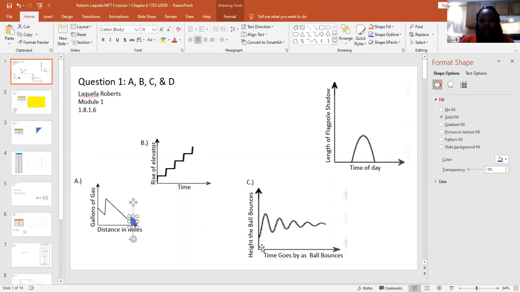Next, we have time goes by as a balloon bounces, and then we have the height of the balloon. So here we go with that.